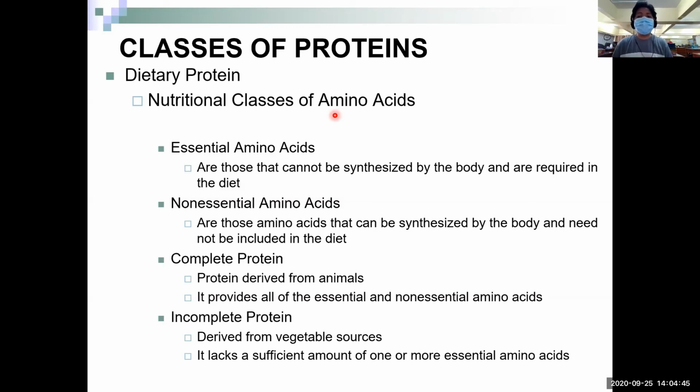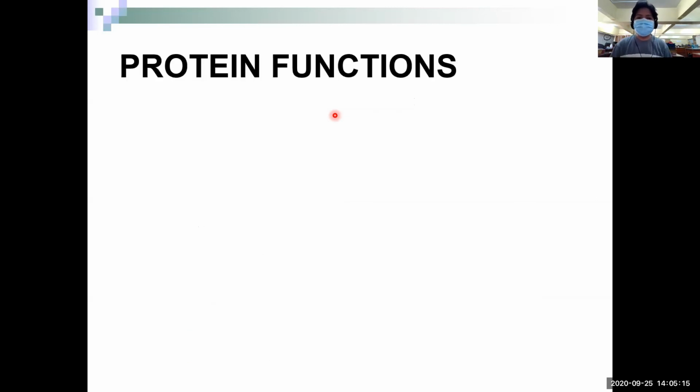So, incomplete ang tawag sa kanila because they lack a sufficient amount of one or more essential amino acids. While comparing it with the complete protein, we have the exact amount of essential amino acids as well as the non-essential amino acids. Now, for protein functions, of course, proteins serve different functions inside our bodies.